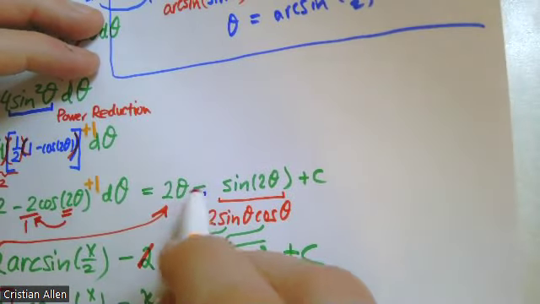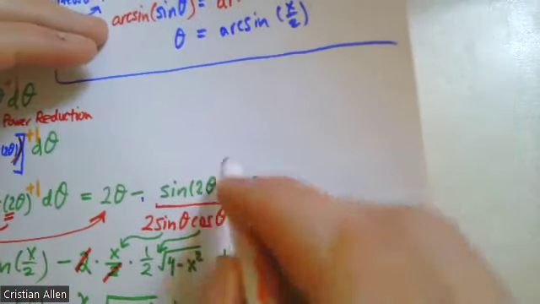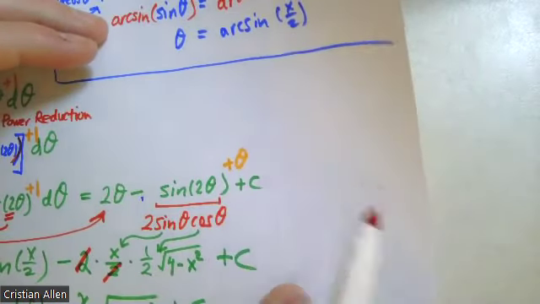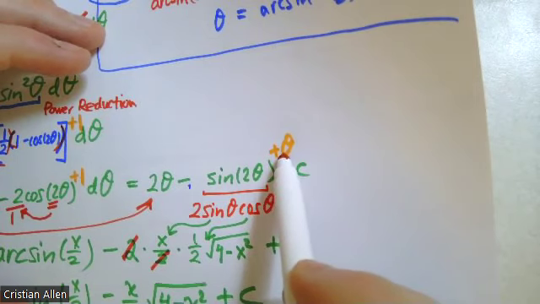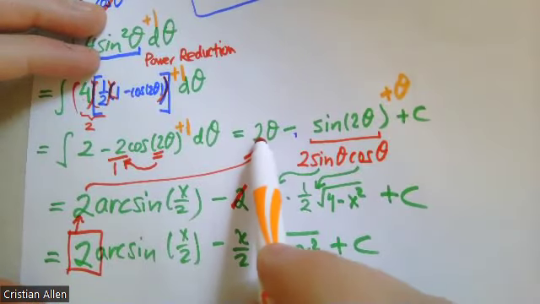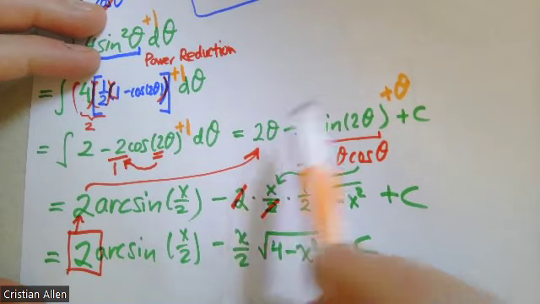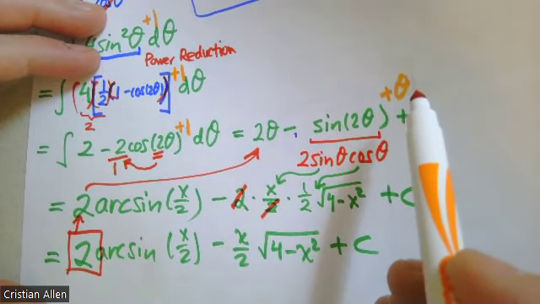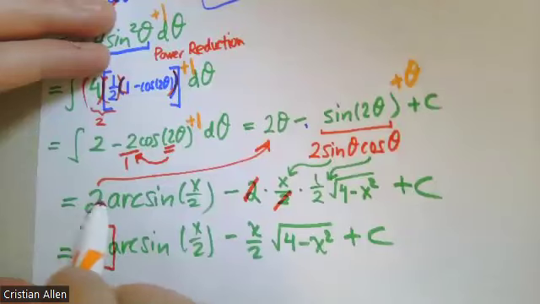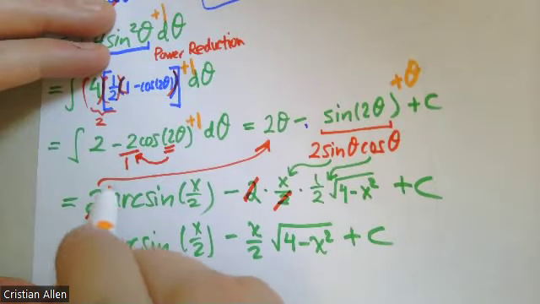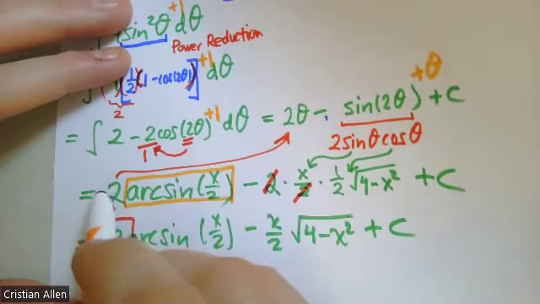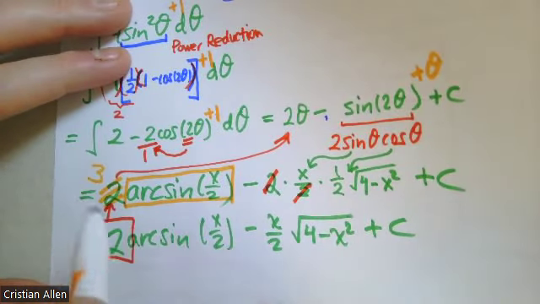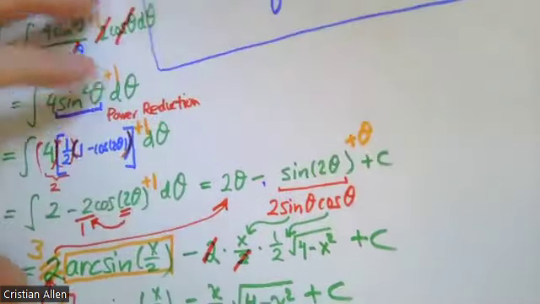So we have 2 theta minus sine 2 theta plus theta, because the 1 integrates to be theta. So the 2 theta plus theta is 3 theta. So instead of 2 times theta, and this piece is theta, I do see now that we were supposed to somehow get the 3 theta there. And my apologies for this little mistake.